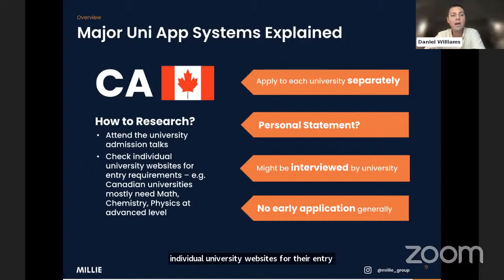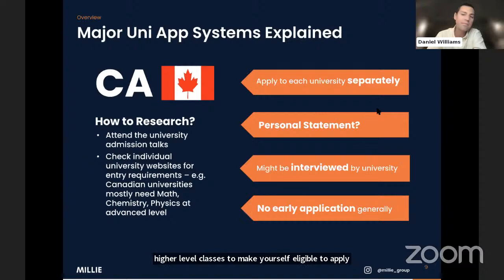So some Canadian universities need to see high-level math, high-level chemistry, or high-level physics. So make sure that before you apply there, you meet those requirements. Or if you know that you're aiming for one Canadian university that has these specific requirements, understand this ahead of time so that you can work with your counselor at school to ensure that you take these higher level classes to make yourself eligible to apply.